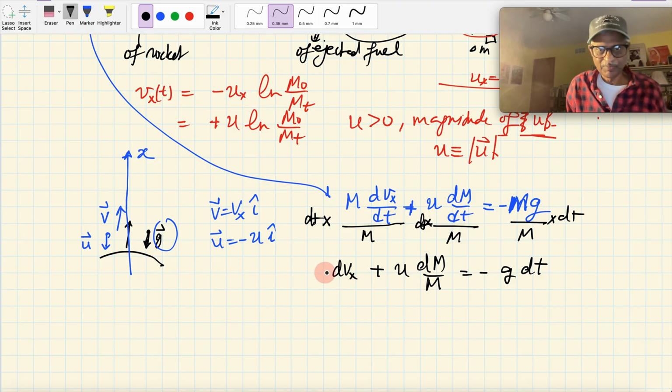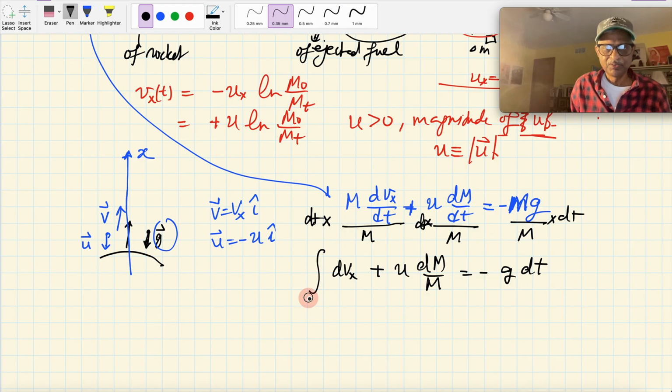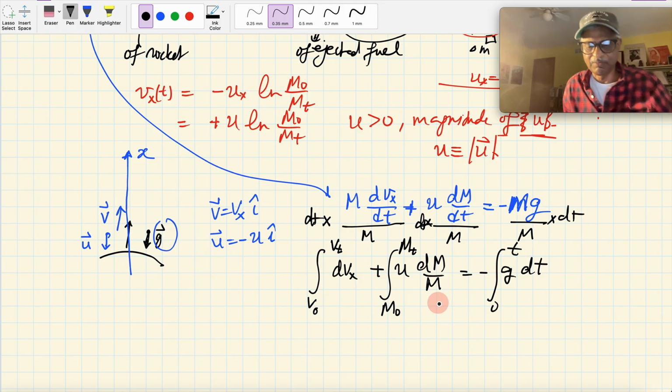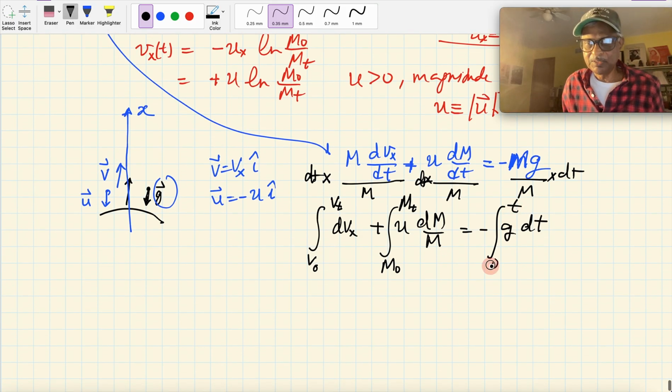Okay, let's integrate, v0 to v, and this integrate m0 to m at time t, and 0 to t. So all these integrations correspond to the appropriate variables we are integrating, right?